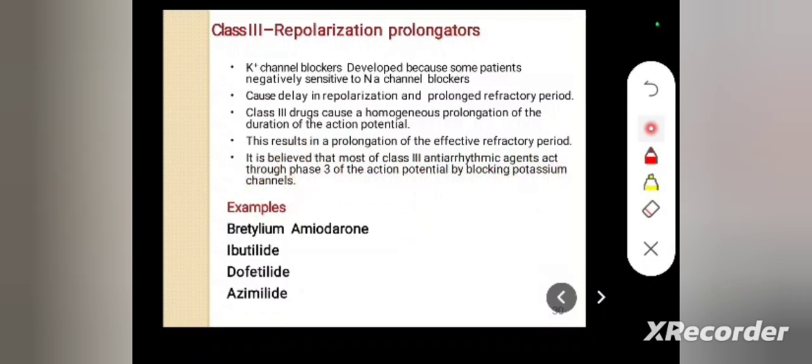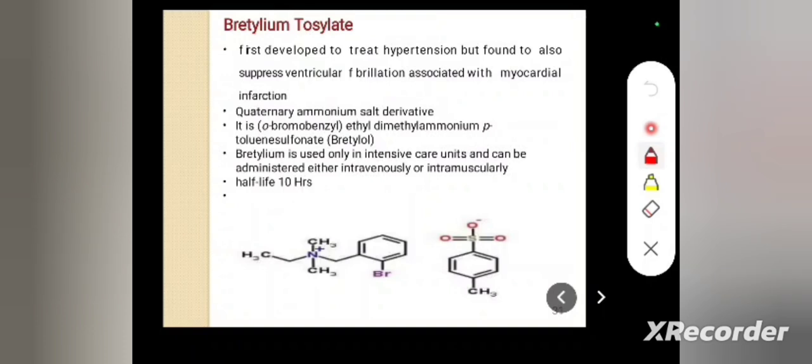So these drugs mainly act on phase 3 of the action potential, that is the repolarization phase. Examples of class third antiarrhythmic agents are bretylium, amiodarone, ibutilide, dofetilide, azimilide. So these are examples of potassium channel blockers. One by one we can discuss the chemistry of these potassium channel blockers.